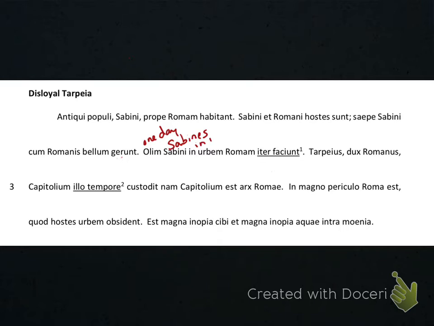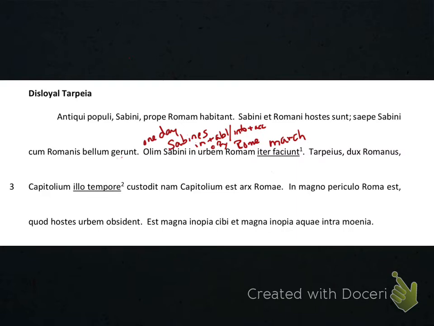It can mean "in" when it has ablative after it, but it can also mean "into" when it has accusative after it. Urbem is the word for city. This is the word Rome. And I have a footnote on iter faciunt, which means march.